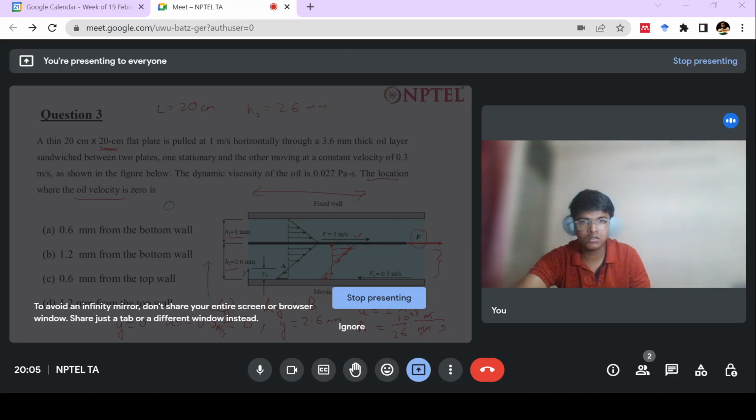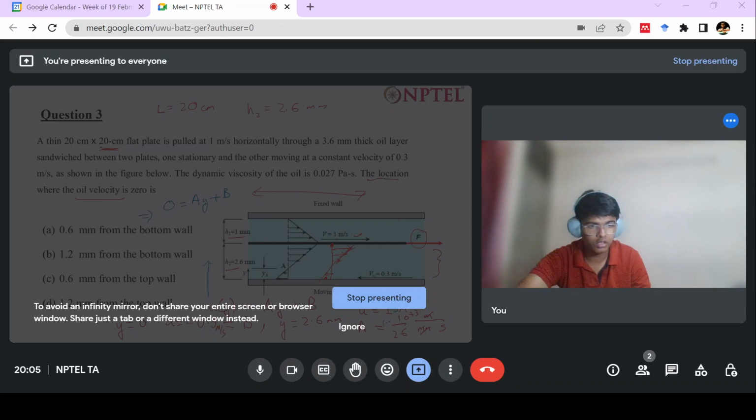So 0 is equal to a y plus b. Actually, this will not be 1, this will actually be 1.3, because the b value is there.